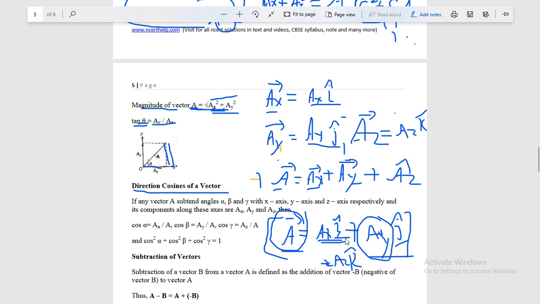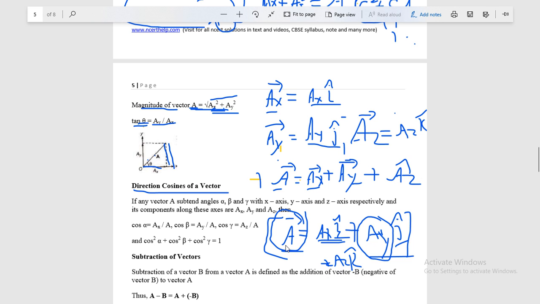So this represents the resultant of these vectors. ax i together is a vector quantity, whereas ax is only magnitude and i cap is a unit vector. So ax i is a complete vector along the x axis. Similarly, ay j is a complete vector along the y axis, and az k is a complete vector along the z axis.